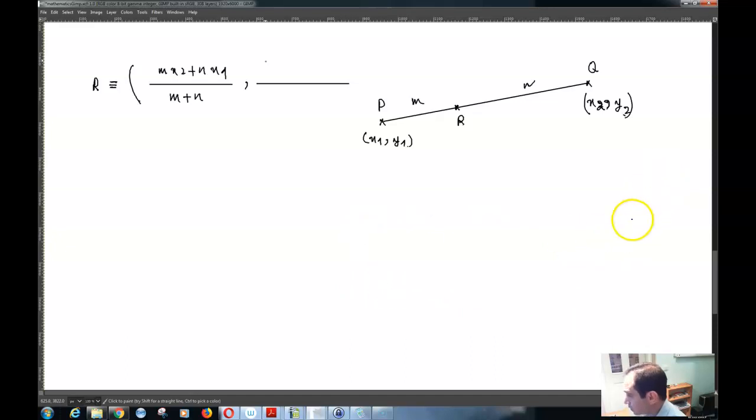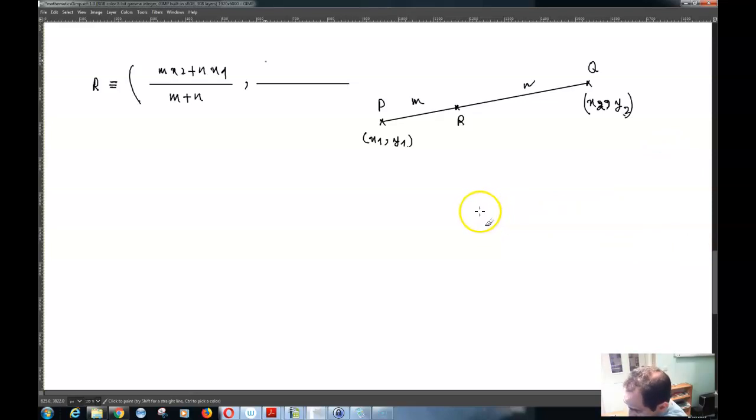So in triangle ABC, if DE is parallel to BC, then you can conclude AD to BD is equal to AE to EC.